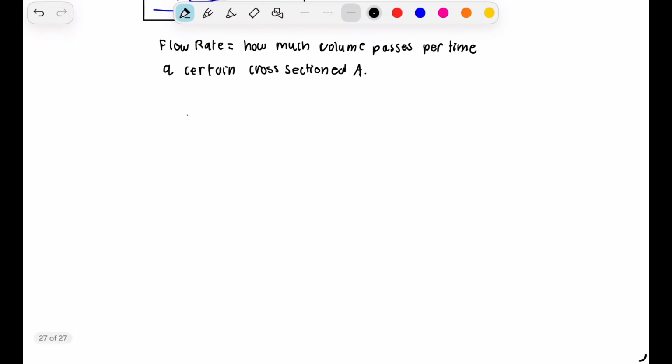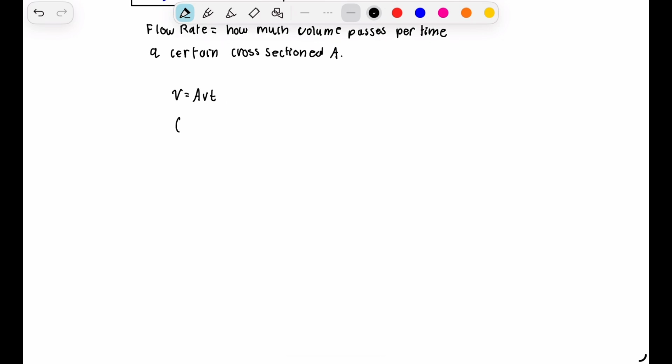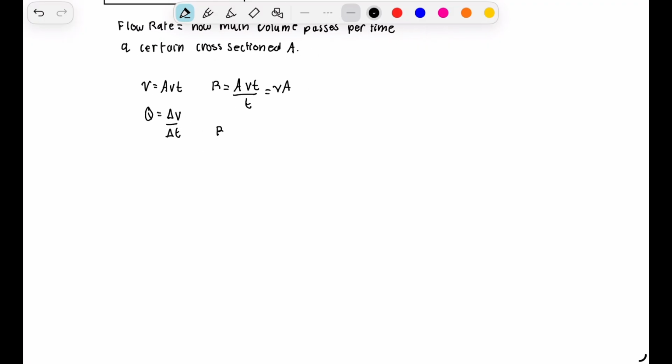So we would describe this as R is equal to the change in volume over the change in time. We could write this as R is equal to area times velocity, A V. So your rate of flow is equal to your velocity times your area.